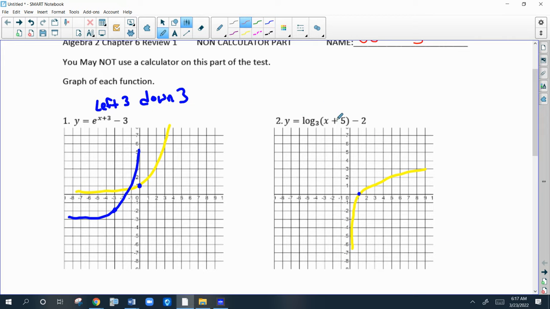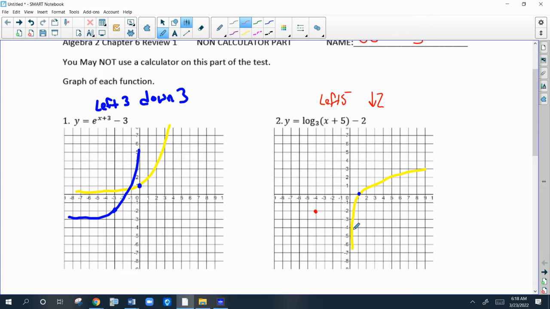The +5, it's just like the +3 on the exponent. That means left 5. The -2 is going to mean down 2. So you take that point at 1, 0, go left 5, 1, 2, 3, 4, 5, down 2, right here.